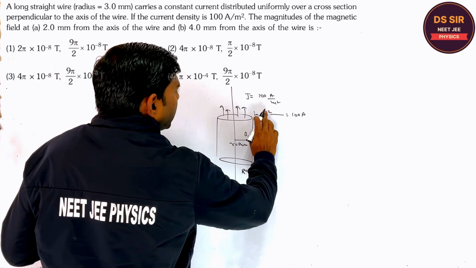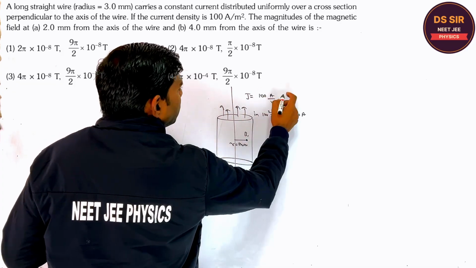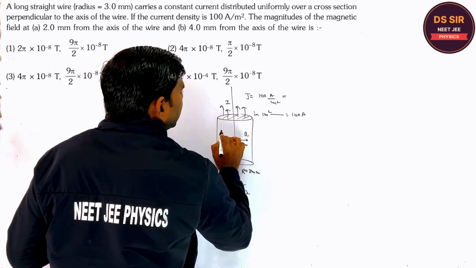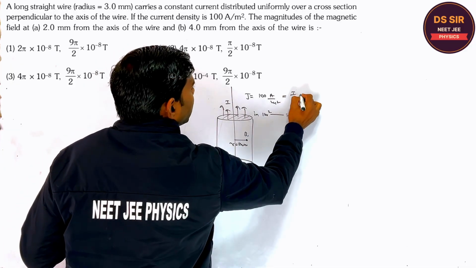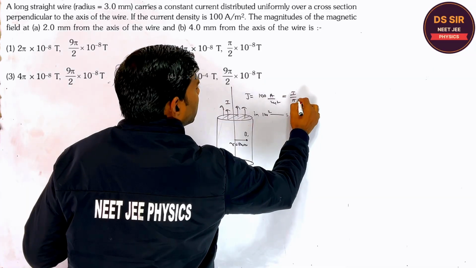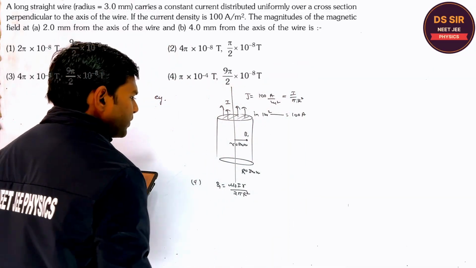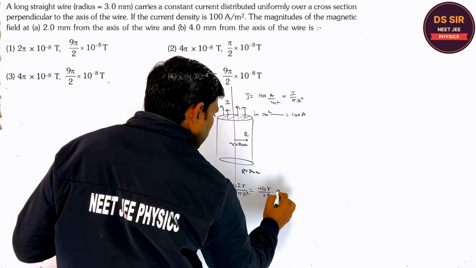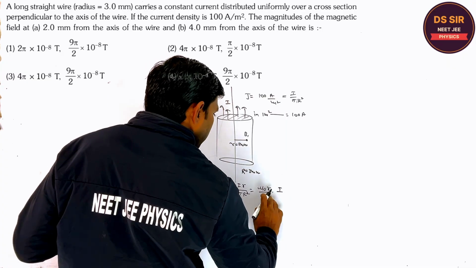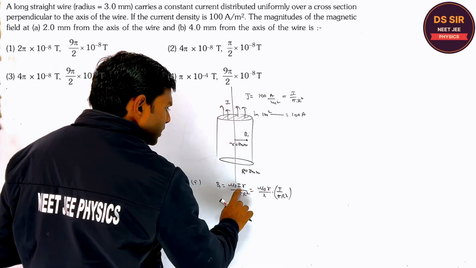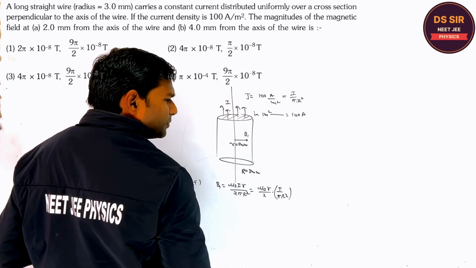But here the current is nothing but J. Suppose the total current is I and the radius is R. So it is I upon pi R square, it is given. So you may write mu naught r upon 2 pi into I upon pi R square. Can you write this formula like this?